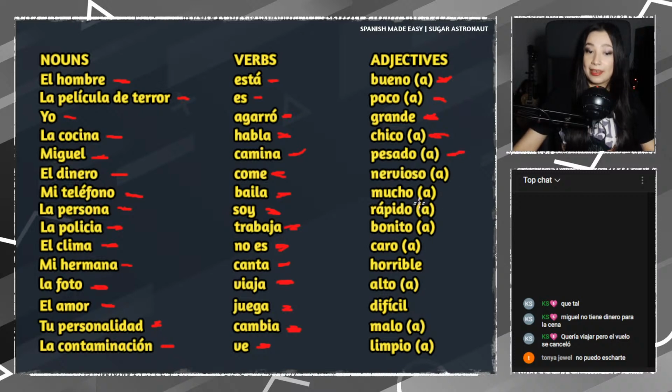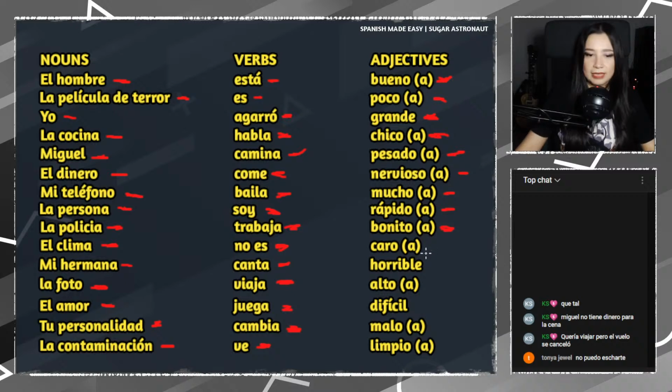Pesado, heavy. Nervioso, nervous. Mucho, a lot. Rápido, fast. Bonito can mean pretty, beautiful, something that is beautiful.